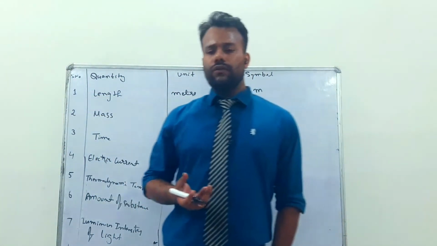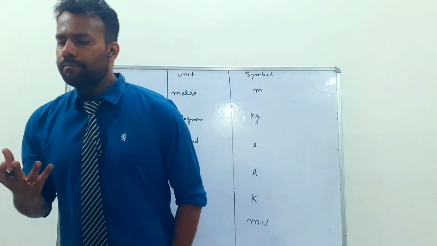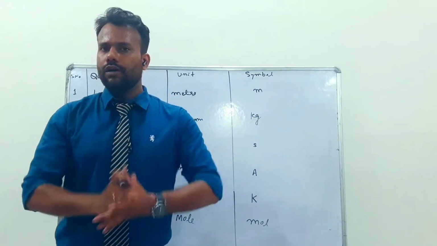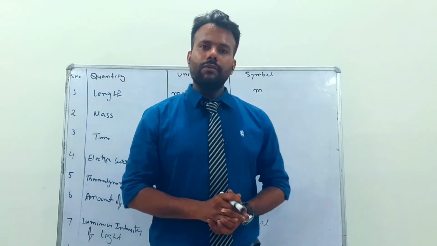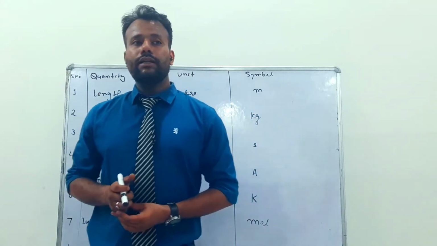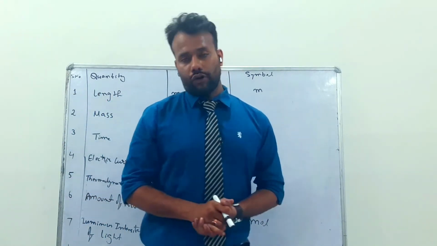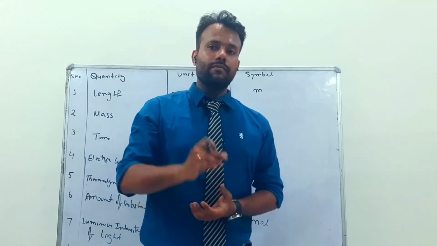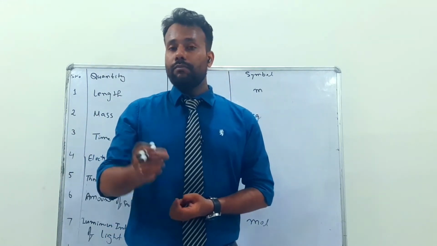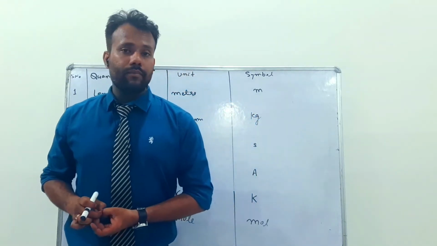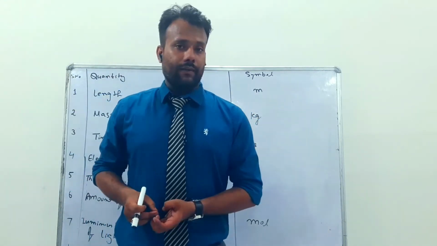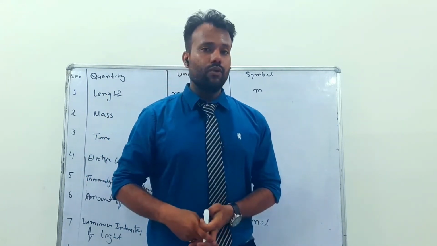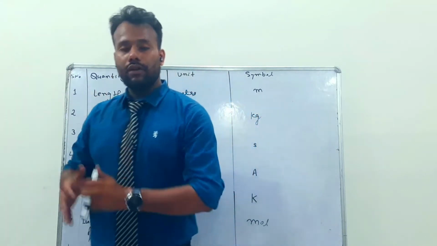Basically, luminous intensity of light shows how bright the light is. For example, say we have two bulbs. The first bulb is, let's say, 60 watt and the other bulb is 100 watt. You know, the bulb of 100 watt will be brighter as compared to the bulb of 60 watt. That means the luminous intensity of the 100 watt bulb is more as compared to the 60 watt bulb.